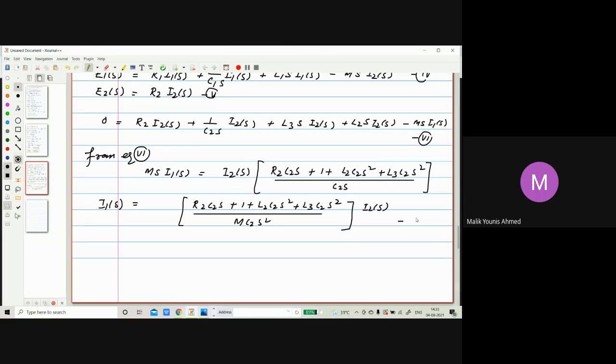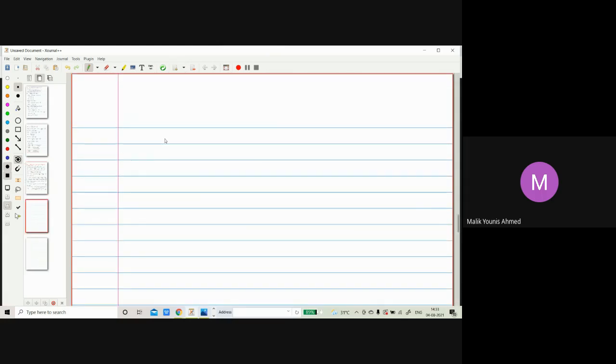Now let's call it equation number 7. I need this equation because I don't want to have a calculation in terms of the currents. Let me add a page. Substitute this equation number 7 in equation number 4. Why? I will show you why.